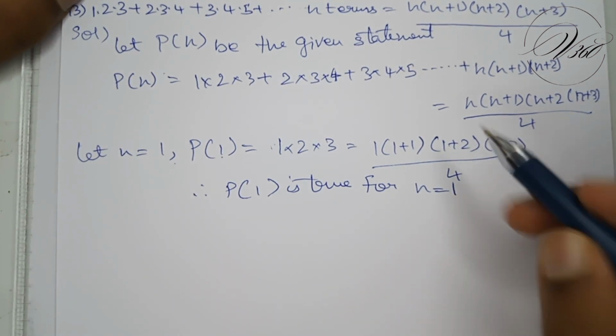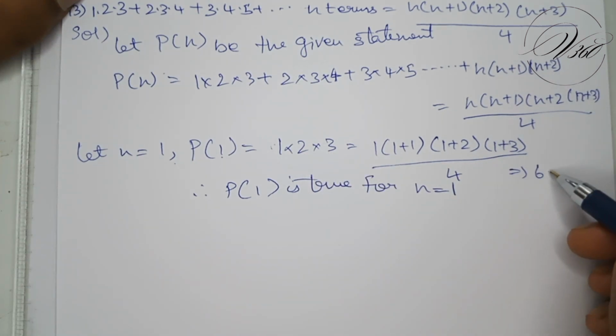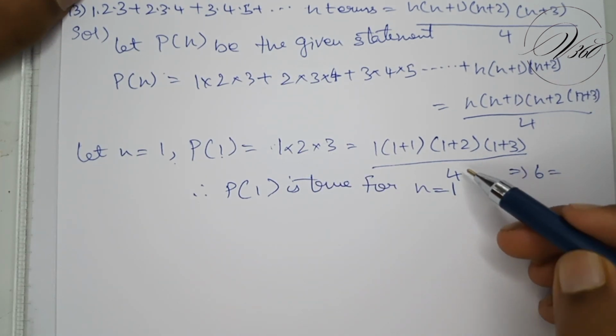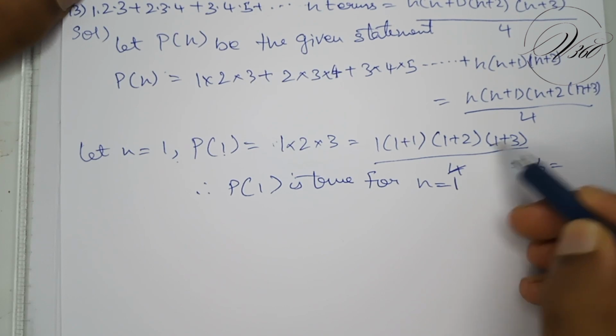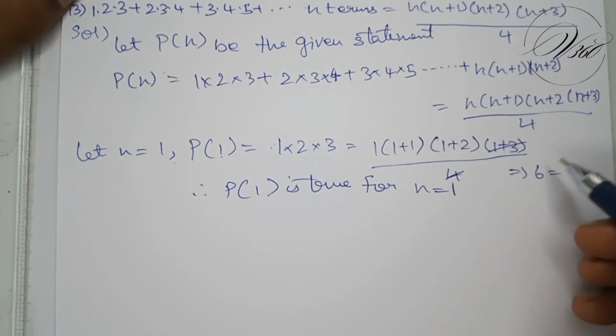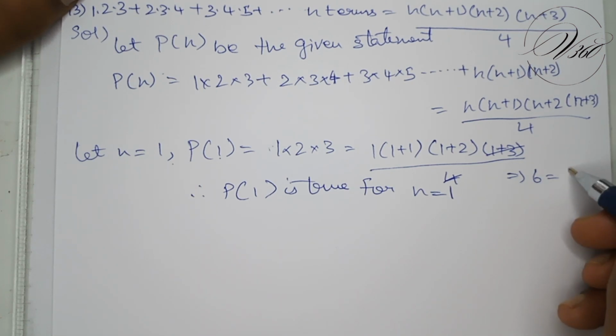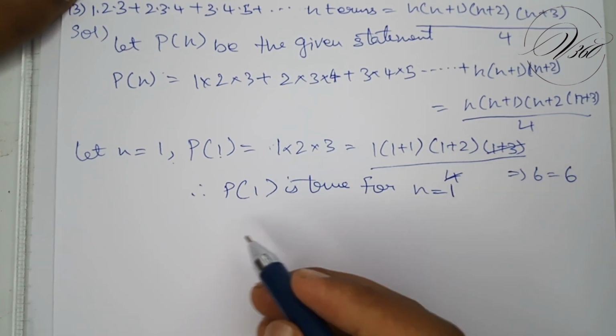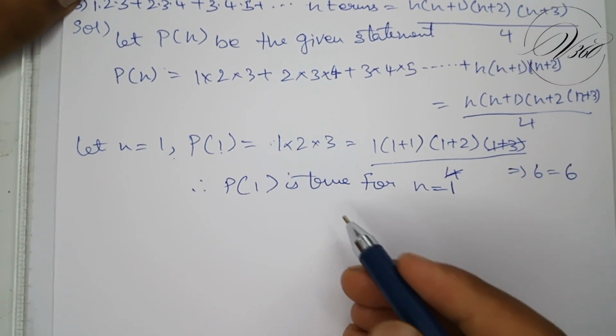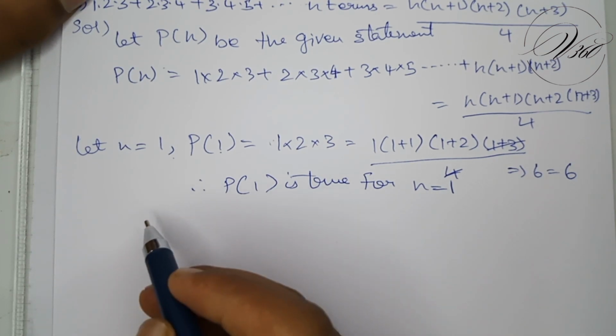How did I do this? 2 into 3 is 6, and here 4; 3 plus 1 is 4, which cancels, 2 plus 1 is 3, 1 plus 1 is 2, 3 into 2 is 6. 6 is equal to 6, so it is true for n equals 1.